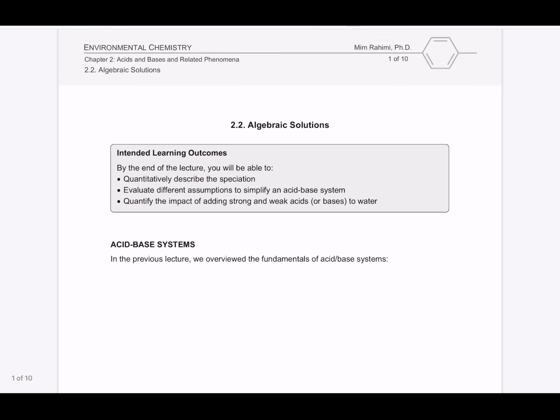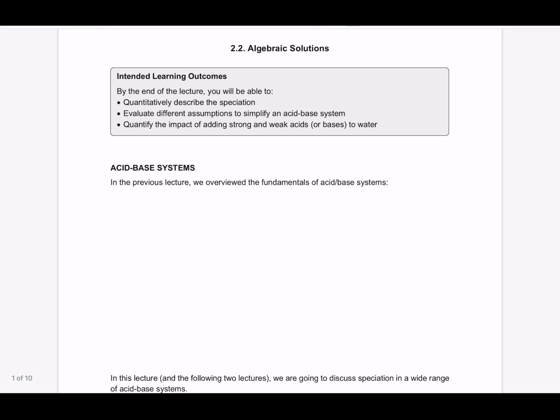So in the previous lecture, we talked about acid-base. We described the fundamentals, and we mentioned that the most important reaction within the context of acid-base is water hydrolysis to produce proton and hydroxide. So this was the core reaction that always happens in all the aqueous systems that we're dealing with.